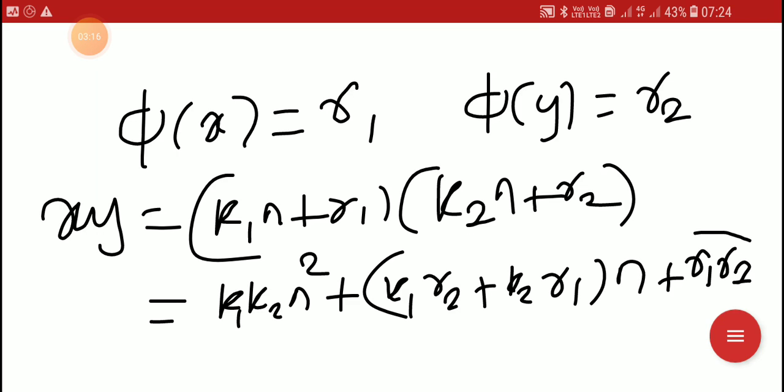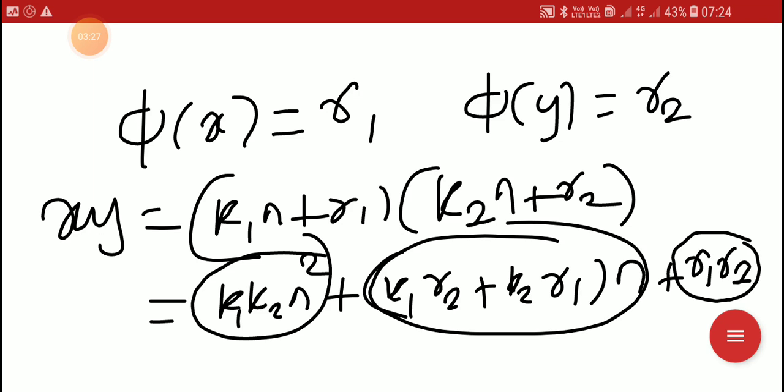That is, r1 r2 is the remainder when xy is divided by n. The other terms are multiples of n, so the remainder part is r1 into r2. Therefore, phi of xy equals the remainder r1 r2.